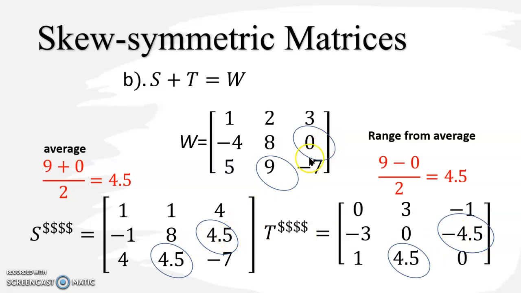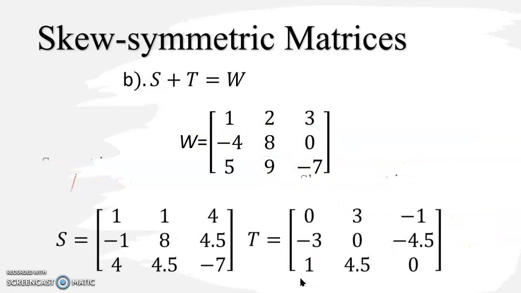Because that way, 4.5 minus 4.5 is 0. So I just divided it into a symmetric and skew-symmetric pair, which we might be doing in the future, so I thought it was worth pointing out.